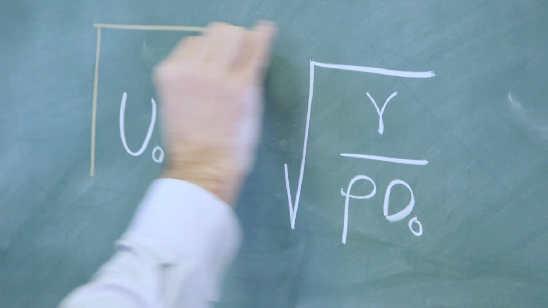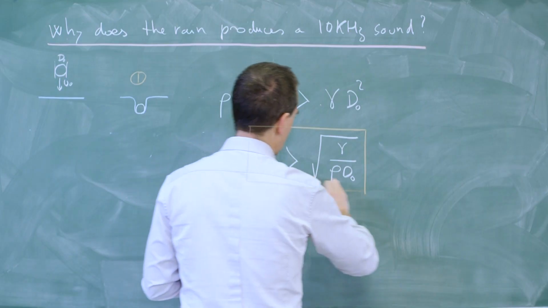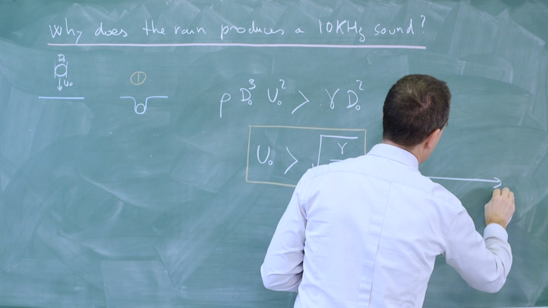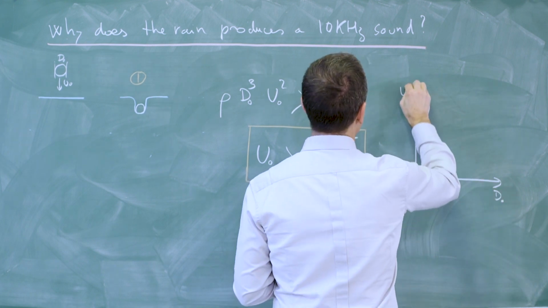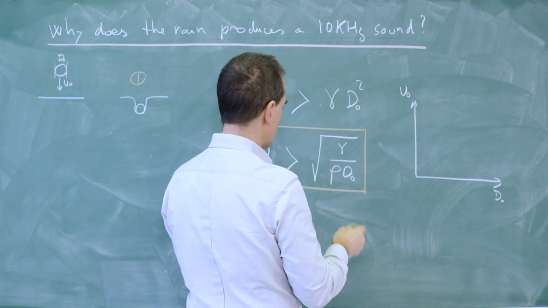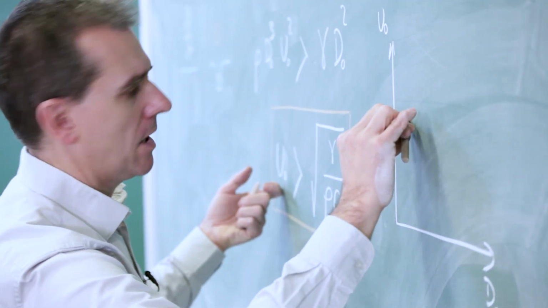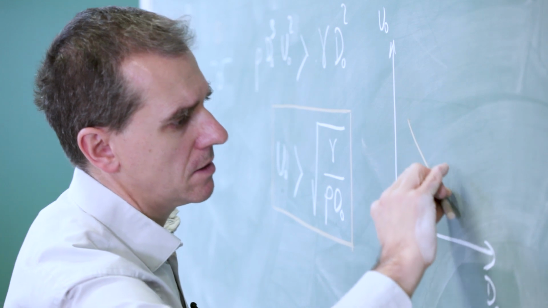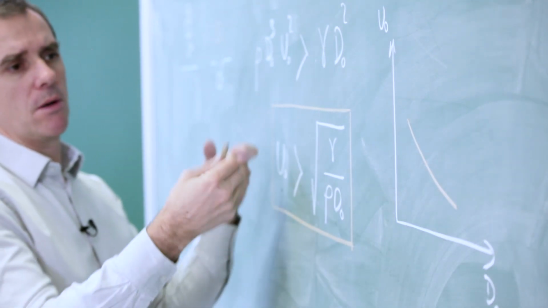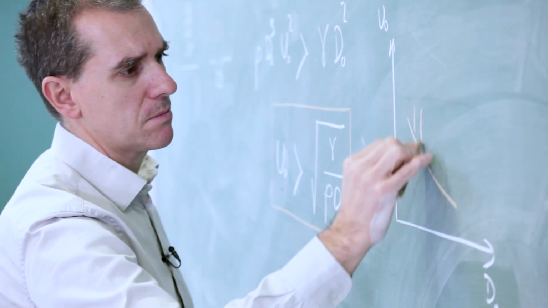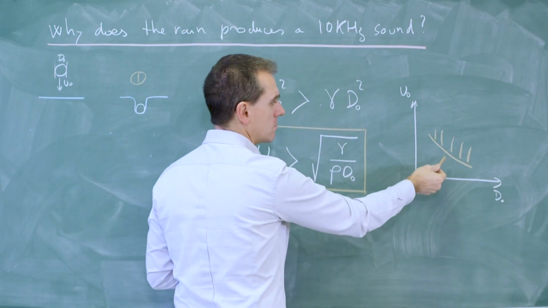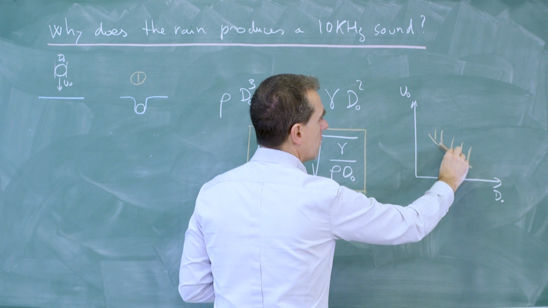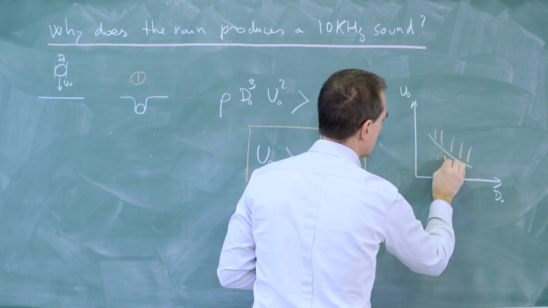And this is our first boundary. So in the plot that we have drawn, where we have U0 as a function of D0, we see that as D0 increases, the critical velocity decreases, and we have to be above this critical line. So in order to create a hole in the ocean, we have to be above this boundary. So this was boundary number 1.